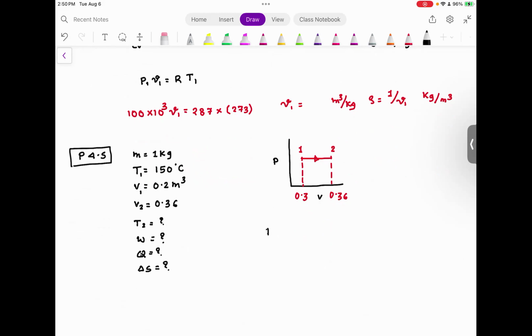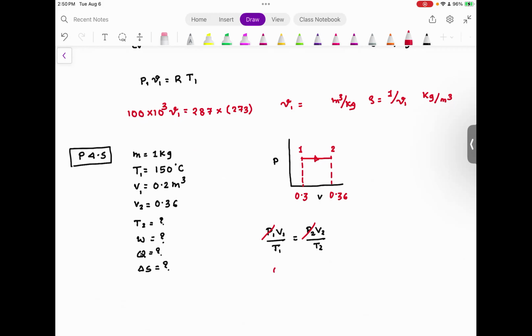For that, we have to use the equation P1 V1 divided by T1 is equal to P2 V2 divided by T2. Now it's a constant pressure process, which means P1 and P2 are going to be the same.